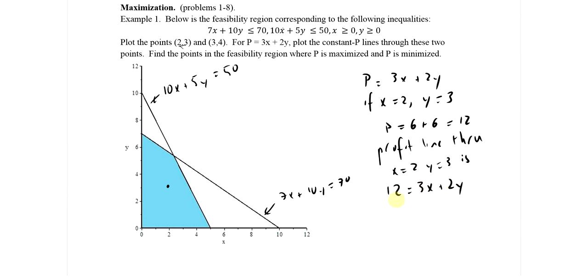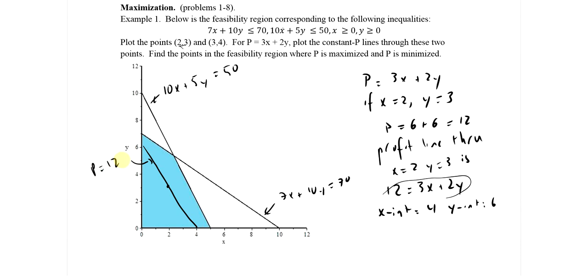This line would have an x-intercept of 4, right, 12 divided by 3, and a y-intercept of 6. So it would look like that. And this would be the profit equals 12 line.